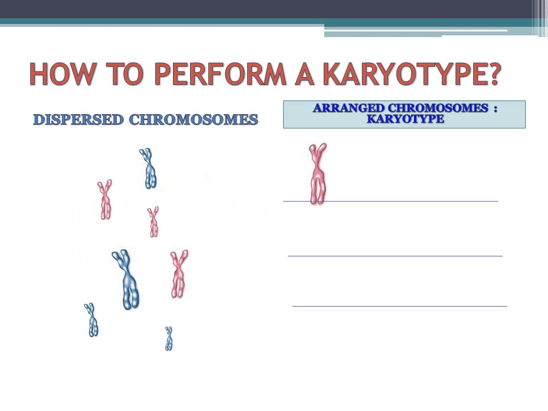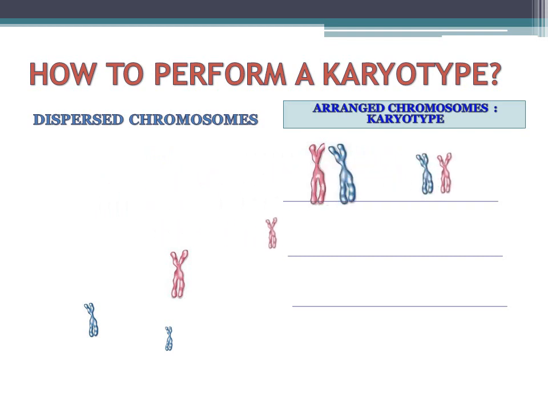We start with the tallest homologous chromosomes, which are paired according to the same length, same position of centromeres, and similar banding pattern. We continue arranging the other pairs in decreasing size.